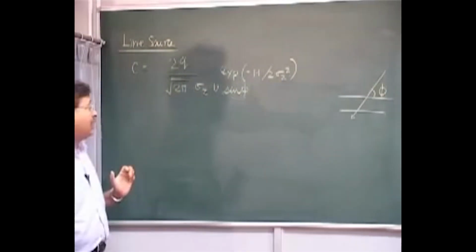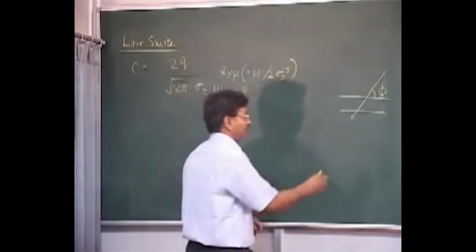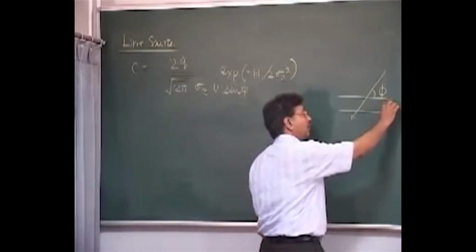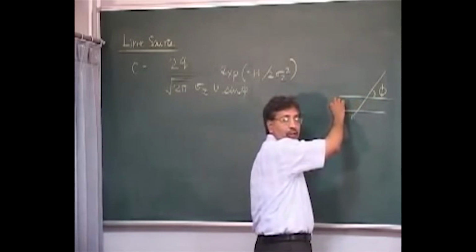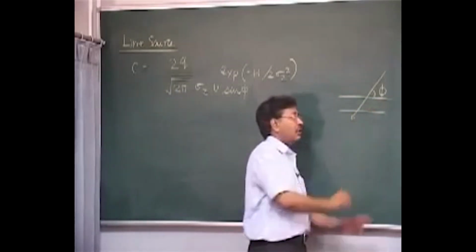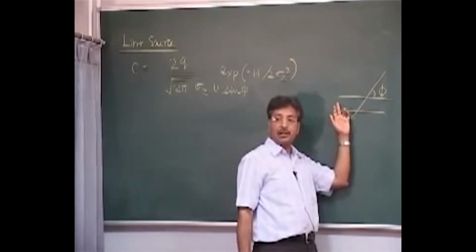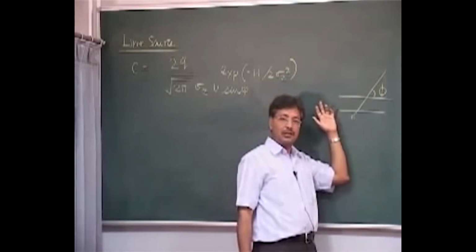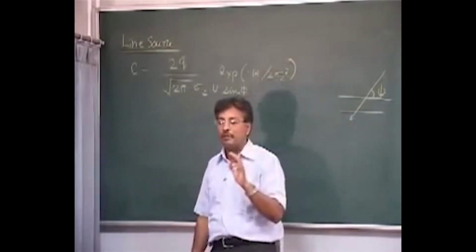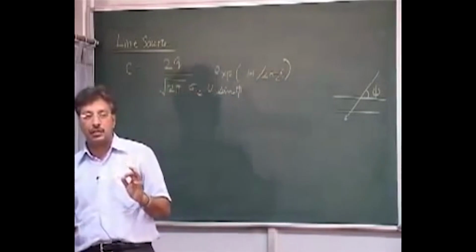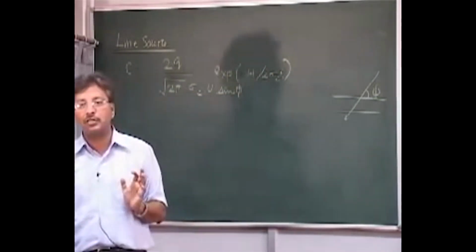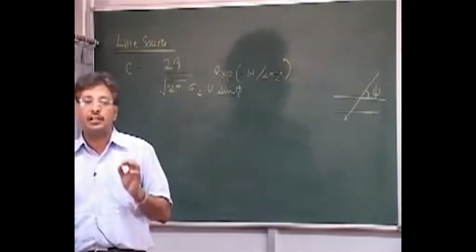What it really means is, if the angle is very small, then your wind direction is like this, right? And then what is your x direction? It is like this. You will never make a mistake as long as you understand that in all the Gaussian kind of models that we have discussed, my wind direction is my x direction.